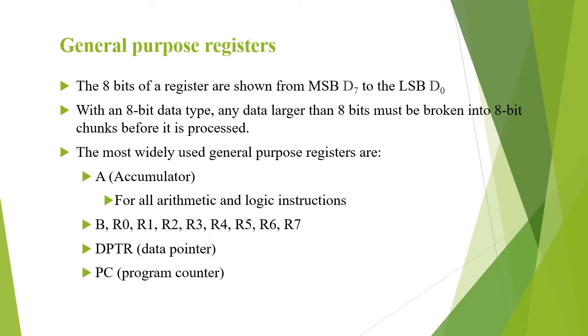There are two types of registers in the broader category, that is general purpose registers and special function registers. The most widely used general purpose registers are accumulator A, which is used for all arithmetic and logic instructions, register B, registers R0 to R7, the data pointer register DPTR, and the program counter PC.